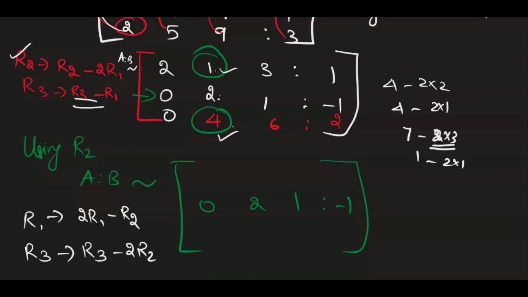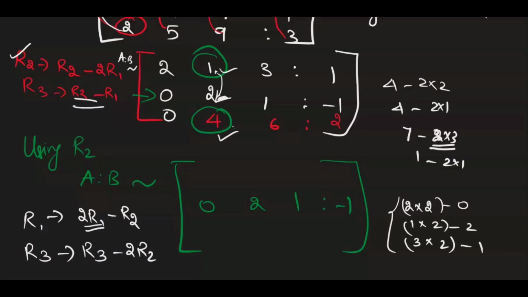Again, try to write down all the values on some rough paper and then enter the values. And you will get the values as 2 into 2 minus 0, 1 into 2 minus 2, 3 into 2 minus 1.